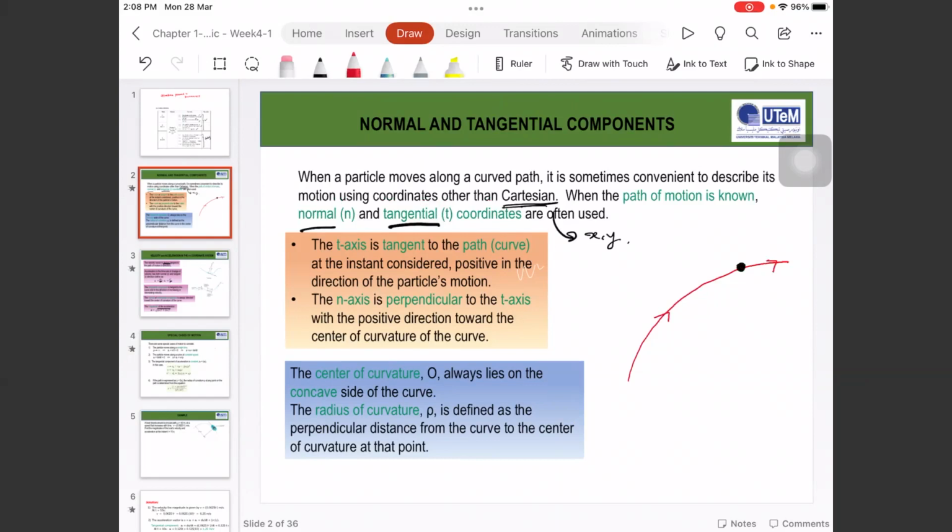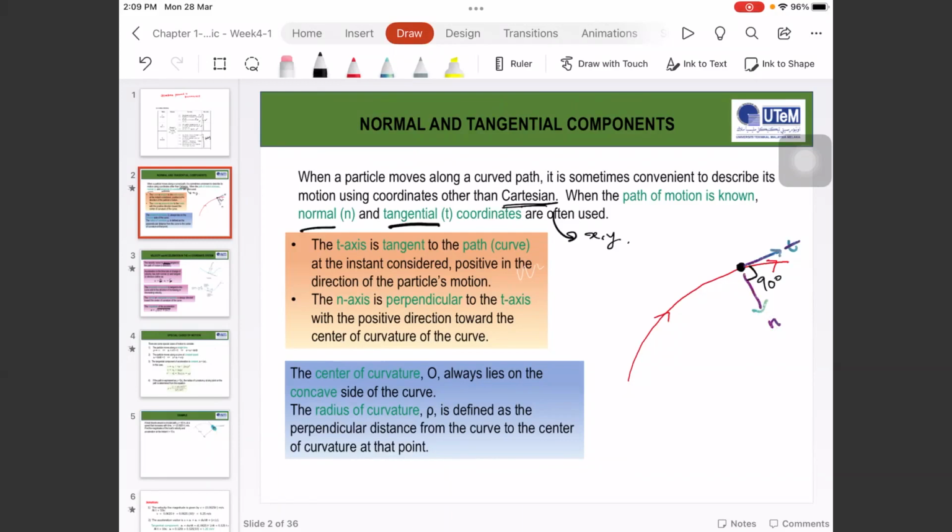So at this location, you have a tangential component T, and you have a normal component. This is what we call normal, right? So tangent to the curve, tangent kepada curve. Normal must be 90 degrees to the curve, right? So this must be 90 degrees.